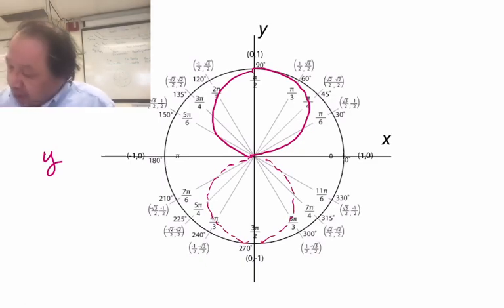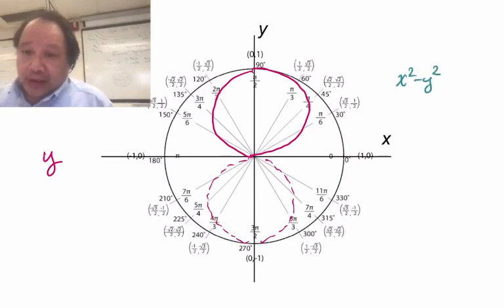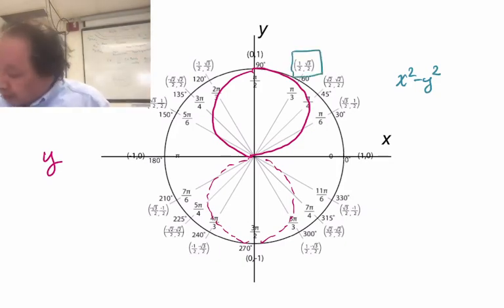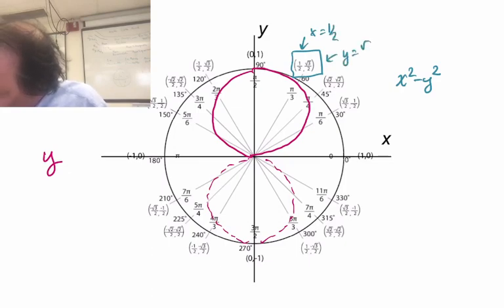And in just the same way, we can look at other functions. One function we'll look at is x squared minus y squared. We'll do that in class or in workshop. For x squared minus y squared, you're going to have to use both the x and the y value. For example, at 60 degrees, x is 1/2, y is root 3 over 2.